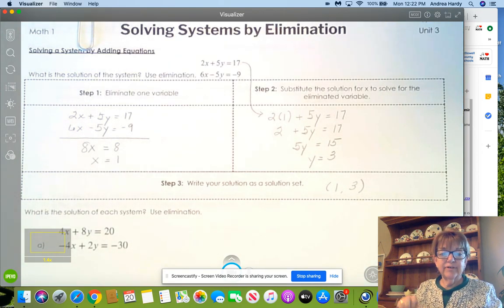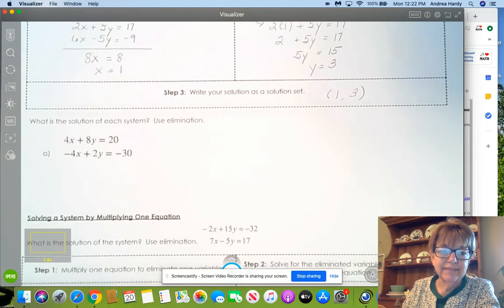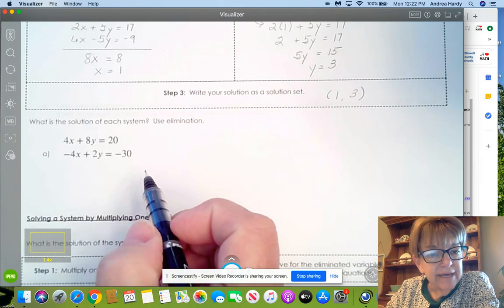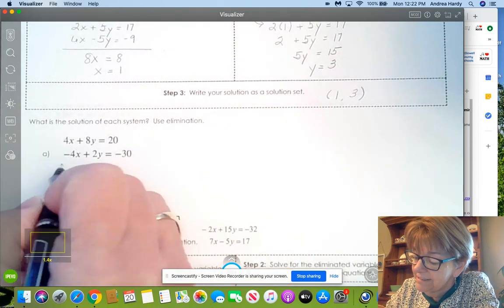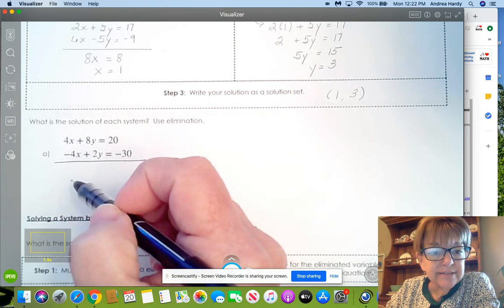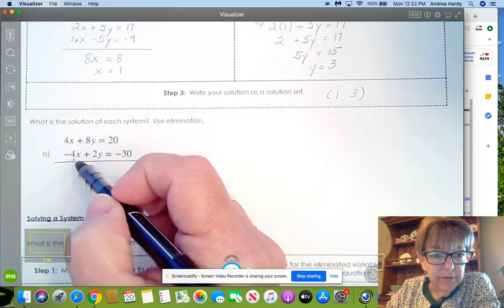Now, I'm going to do another problem like that for you. You do not have this one on your paper, but I'm going to show you how easy it is. I can see that I can add these together and my x's are going to be gone. I have a positive 4x and negative 4x.